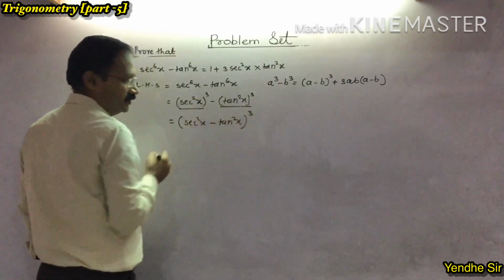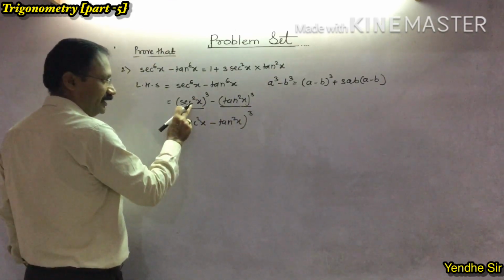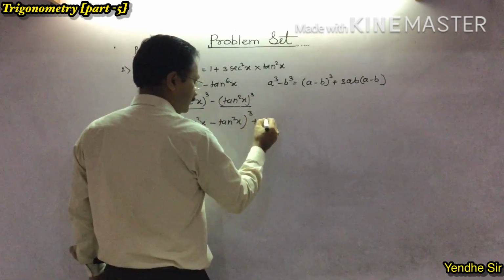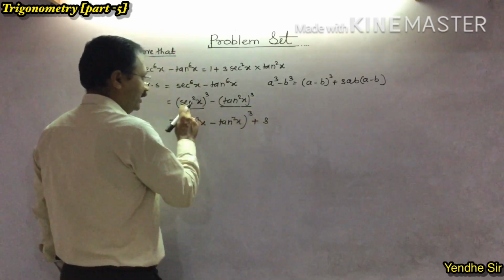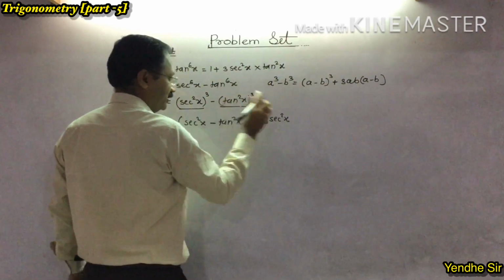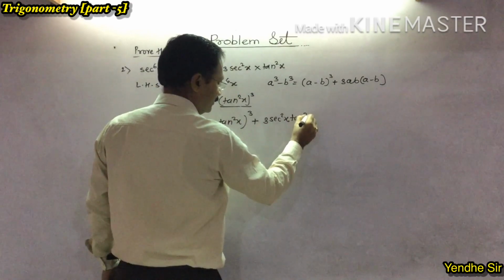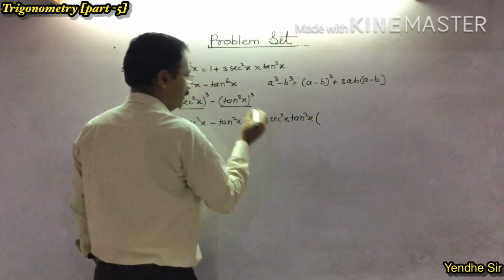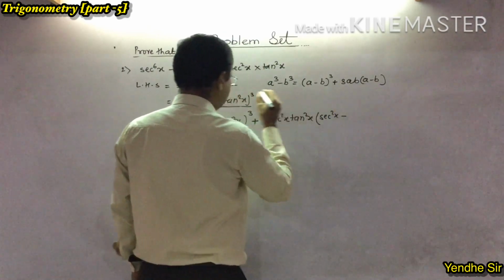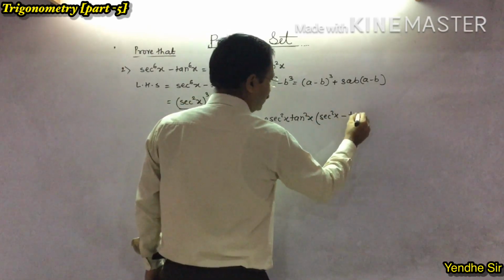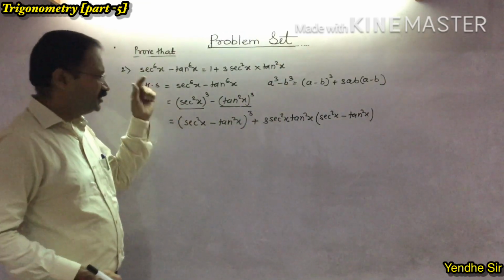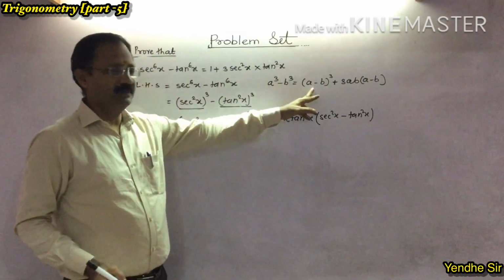The whole cube. This is our a, this is our b. Plus 3, a which is sec square x, then b tan square x, then in bracket a minus b, sec square x minus tan square x. So I have just substituted these values in this formula, a cube minus b cube.